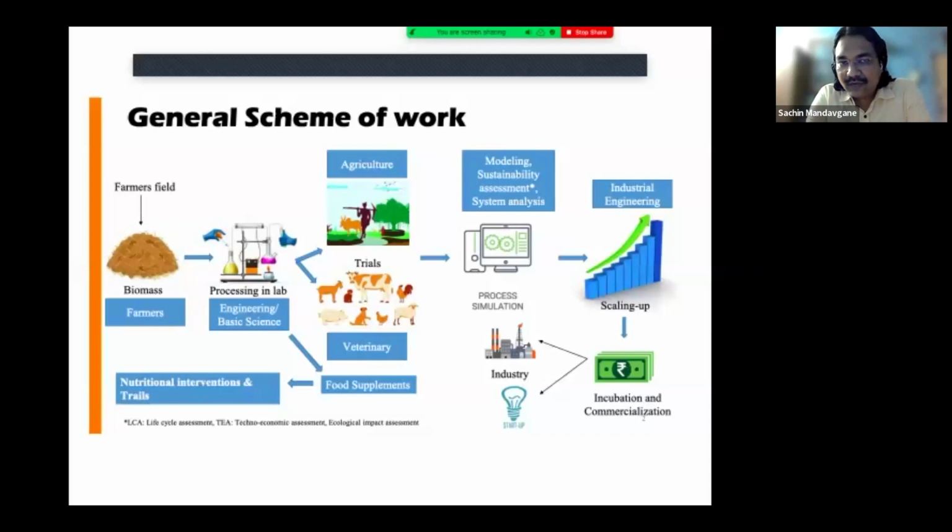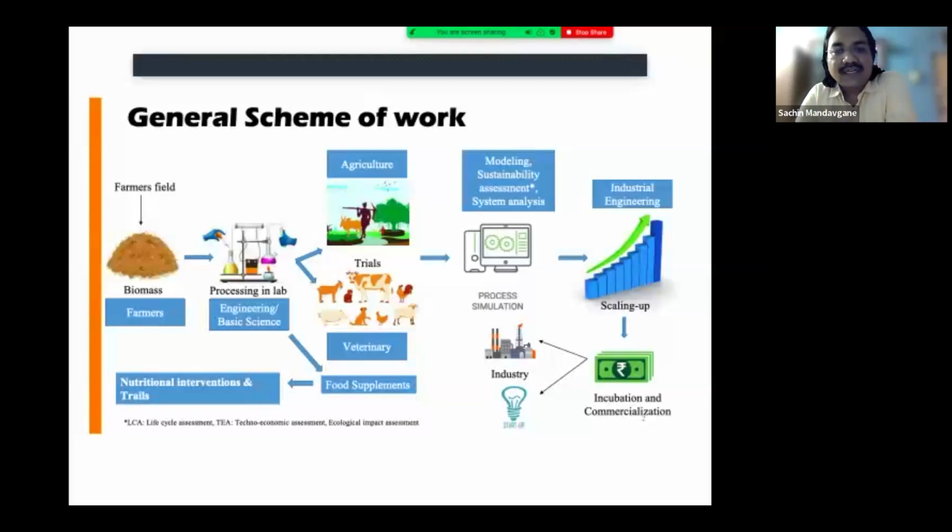Then the end of life is either compost, which goes into agriculture as agricultural input, or feed or fodder, which is ultimately used for animal consumption. Therefore, the technology that we develop produces products which go into agriculture, veterinary or food supplements.